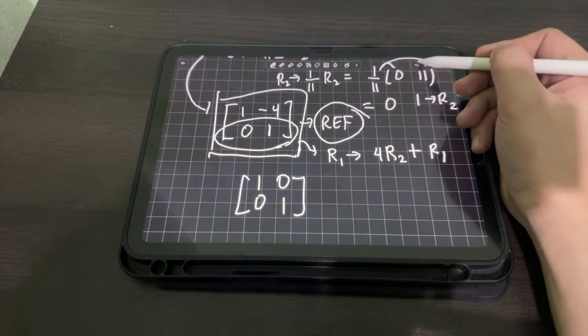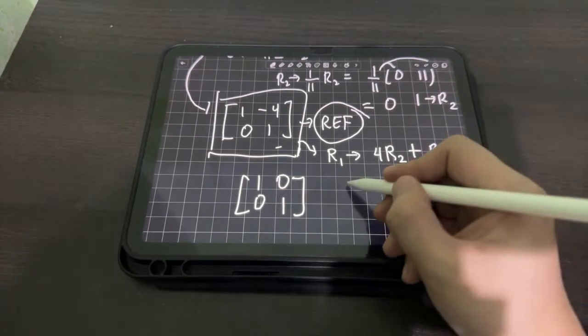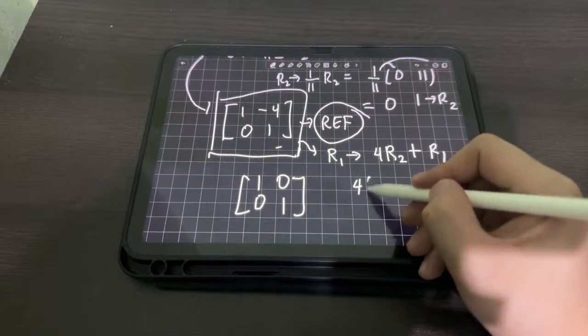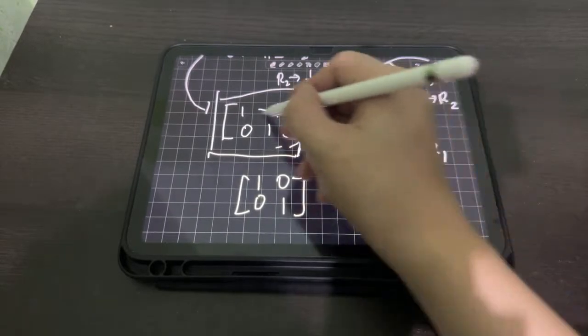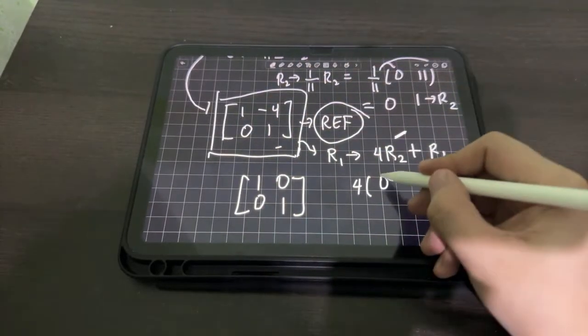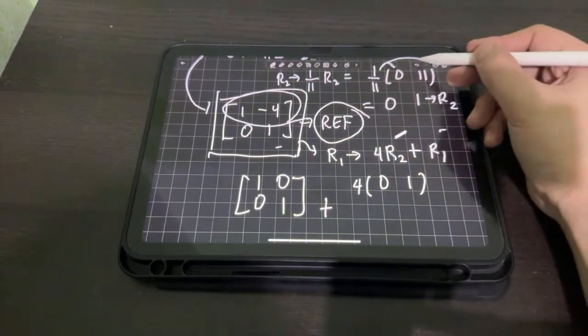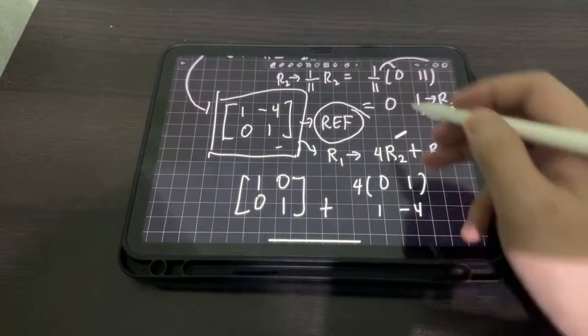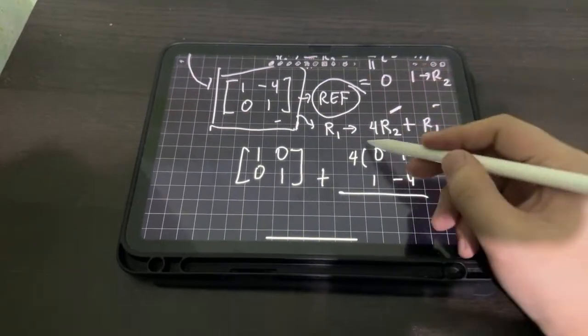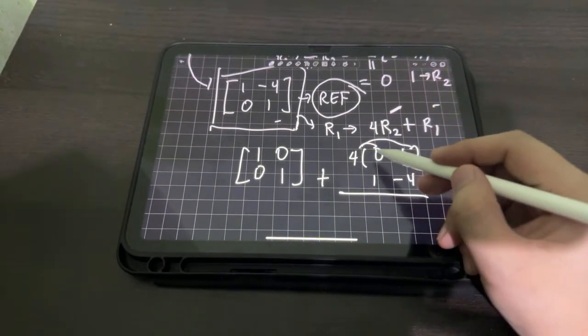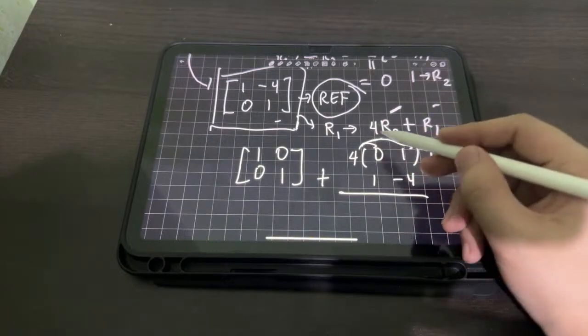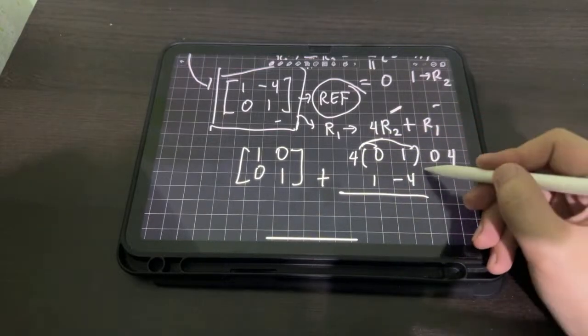So applying this operation, let's check. Multiply 4 times the entries in row 2, which are 0, 1. You add that with the entries in row 1, which are 1, negative 4. So we distribute the 4 first. 4 times 0, it's 0. Then 4 times 1, it's 4.